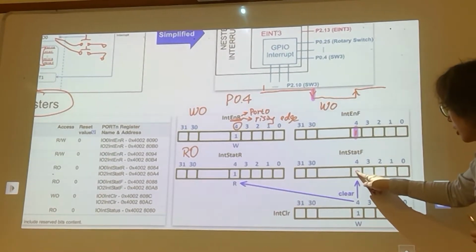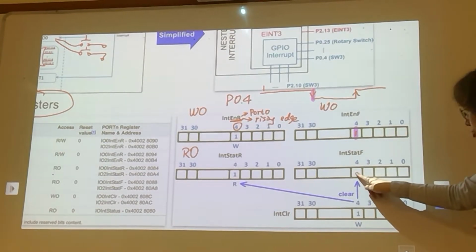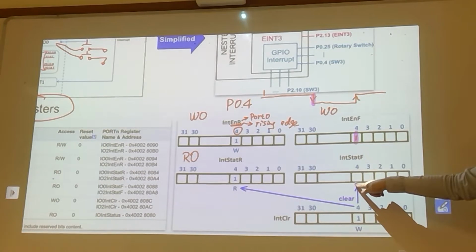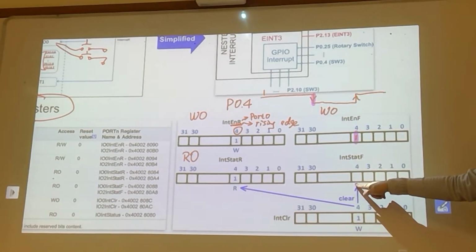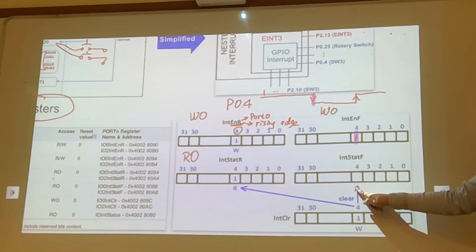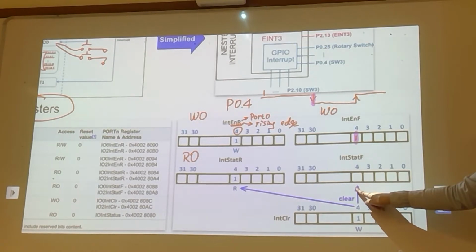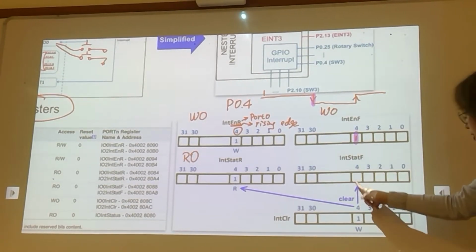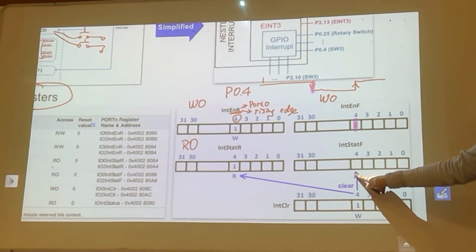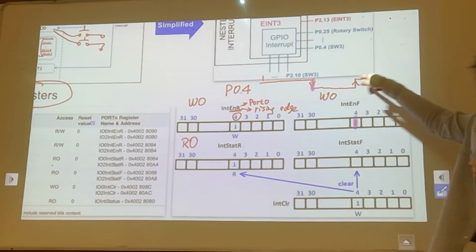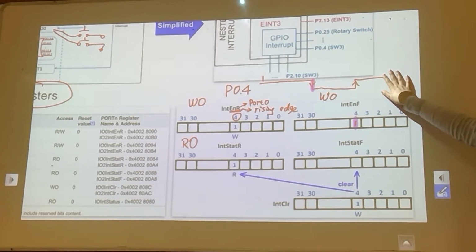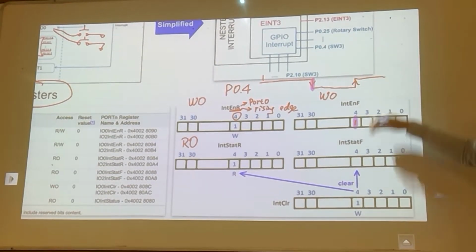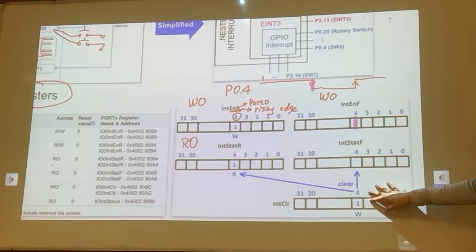But once this bit becomes 1, your processor will change this one automatically. But we need to write our own program to keep looking at here. Once you sense a 1 here, you know that there is a button press. So this is the way we detect the interrupt.